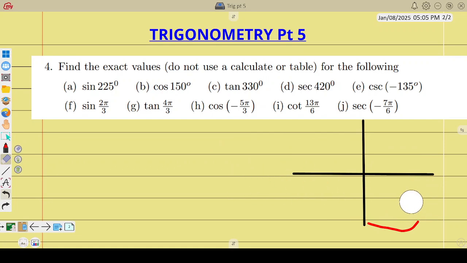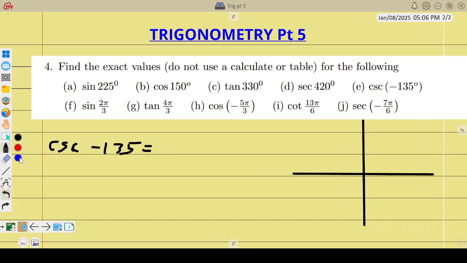So let's do cosec negative 135. So what do we have? We have cosec. Remember, this was like an insult in the previous lesson. Cosec deals with sine. Sine, full sec is an insult. So I have cosec negative 135.